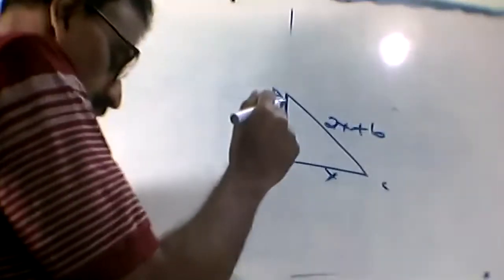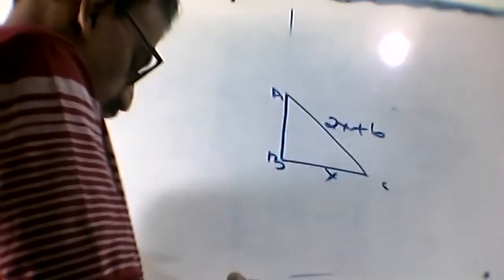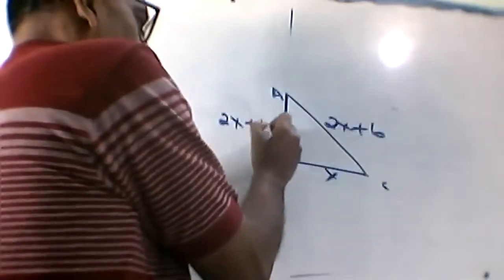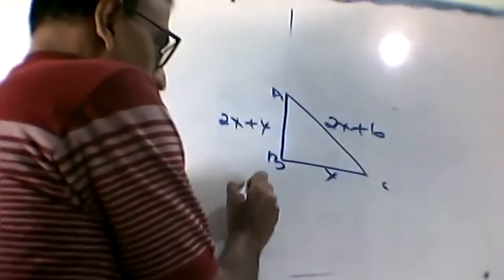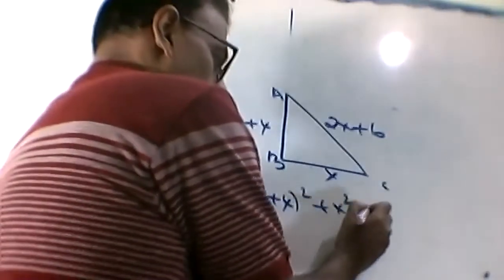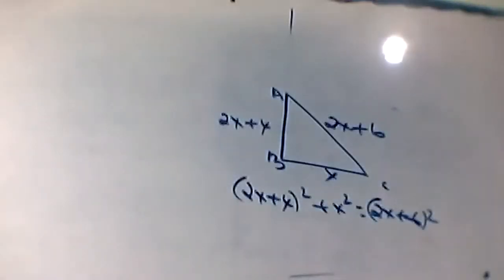And the other side is 2 meters less than the hypotenuse. That means 2x plus 4. Now what do you do? 2x plus 4 whole square plus x square equal to 2x plus 6 whole square. Okay, try now.